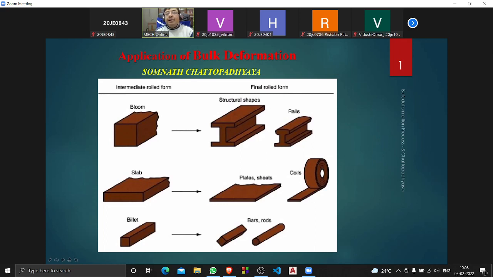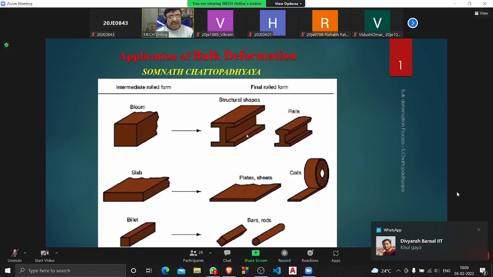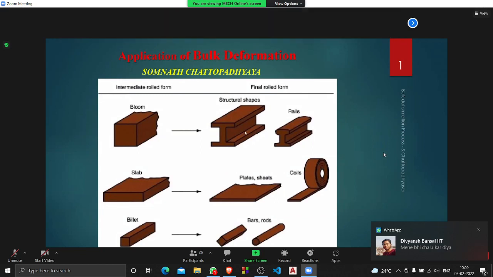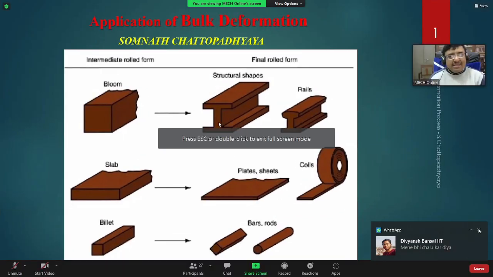If you want to make big bridges and girders based on mild steel plates, this kind of structural fabrication is required. I was associated with some of the turnkey projects of Neelachal steel plant, where we had to make the sinter plant and all those structural fabrications for non-standardized I sections. We had to use plates from bloom, and these plates were not rolled as they were very non-standardized. We were doing submerged arc welding.